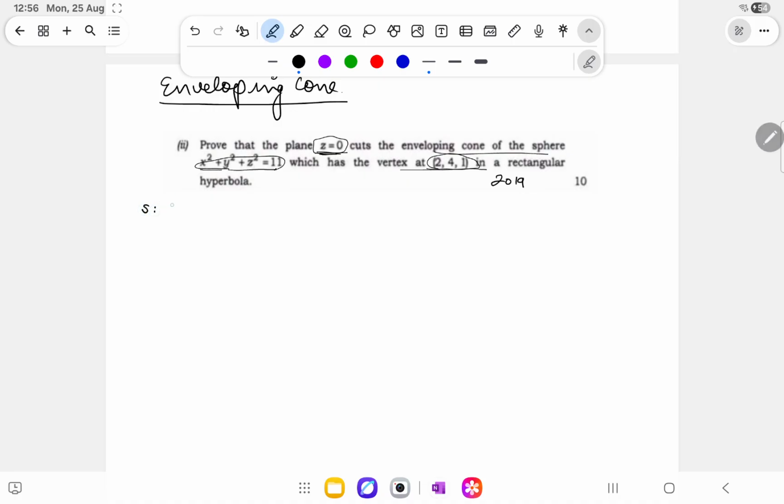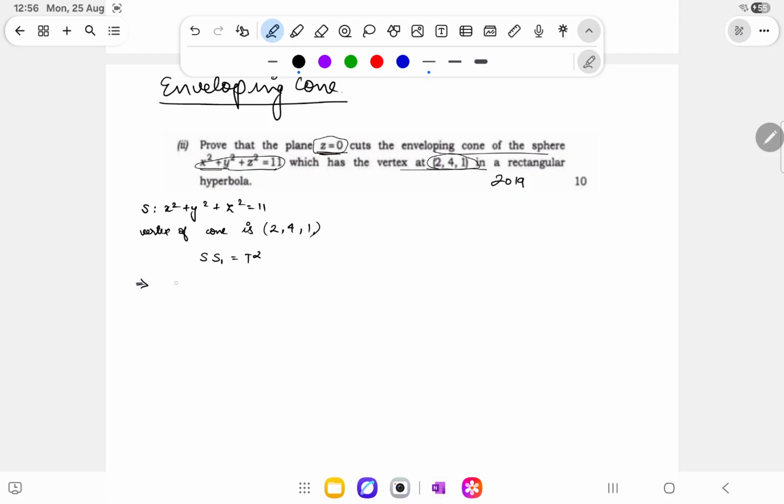The given sphere is x square plus y square plus z square equals 11, and the given vertex of the cone is (2, 4, 1). We have a direct formula to find the equation of the enveloping cone, which is S into S1 equals T square, where T is the tangent passing via the vertex of the cone, and S1 is the constant term which we get by satisfying the equation of the sphere with the vertex coordinates.